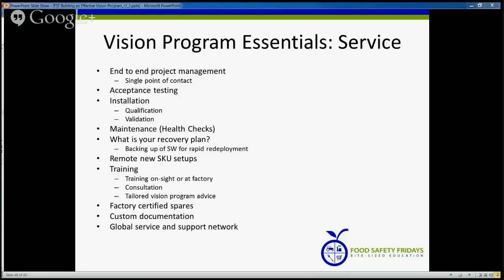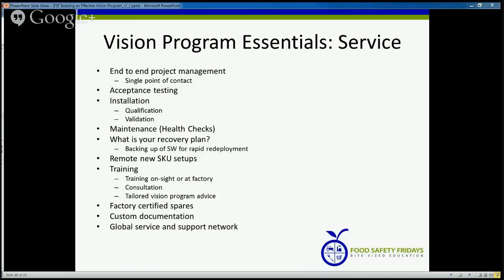From a service standpoint, and I mentioned this before, picking a provider, somebody who knows what they're doing in machine vision. You want to have end-to-end project management, a single point of contact who can answer all your questions about how a vision system should work, how that specific system will be set up for you.